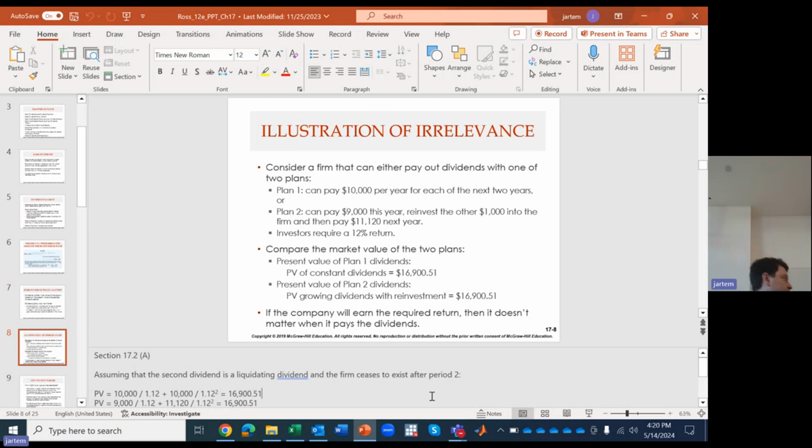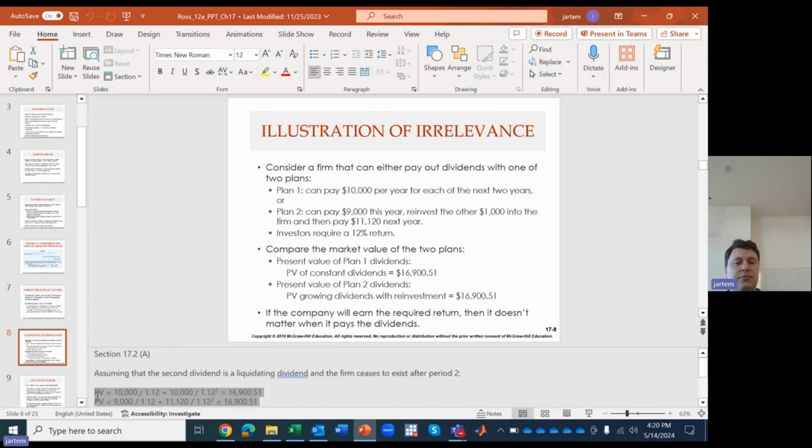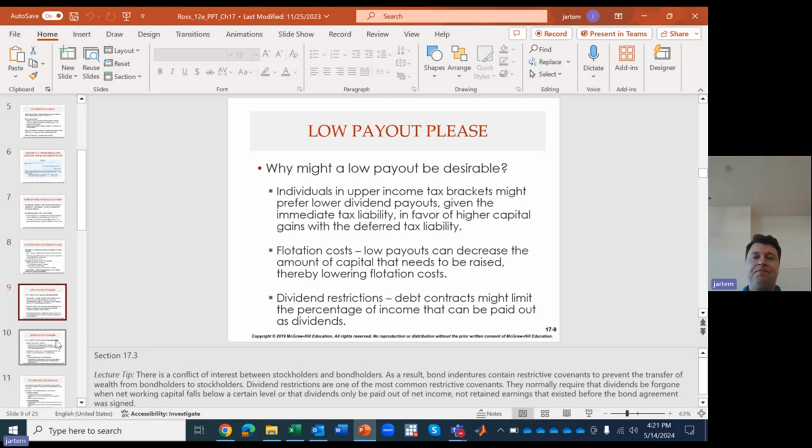But this time it's the firm doing the reinvesting instead of the shareholders. So when you do that, you should get the same amount. Everything is completely fine from the perspective of the shareholders, because they're like, well, we would have invested it by ourselves in our own portfolio at 12%. The firm decided to do it at 12%. So be it. This is fine, right? That's another demonstration of irrelevance.